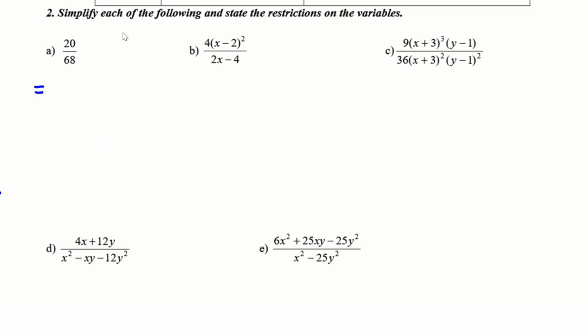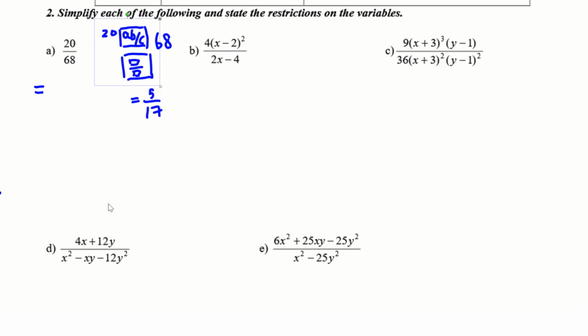You could use your calculator; if you have a fraction button, a b/c, numerator over denominator, you could type in 20 over 68. Then it will give you the simplified form, 5 over 17.